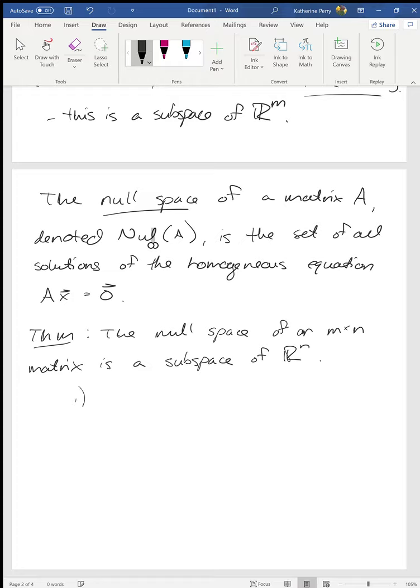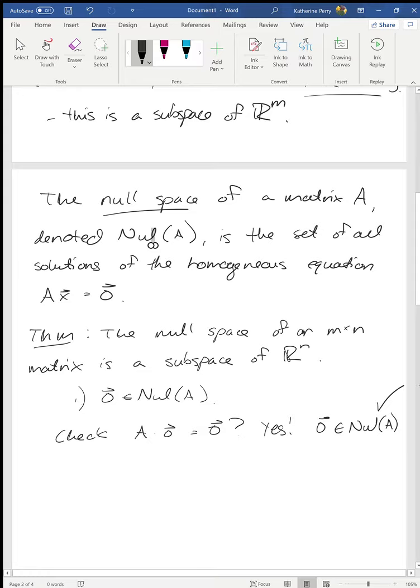So first, I need to show that the 0 vector is in the null space of my matrix A. And so to do that, I just need to check that A times the 0 vector is equal to 0, and yes, this is true, and so 0 is in the null space.